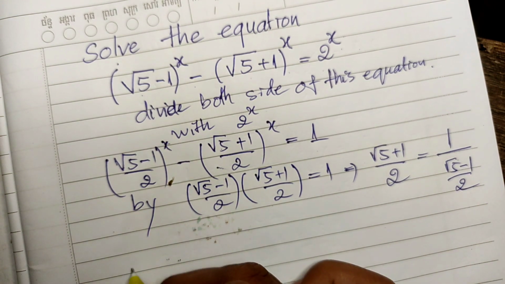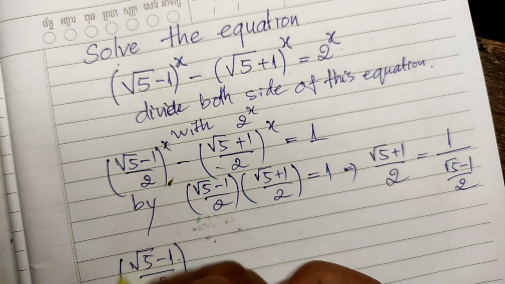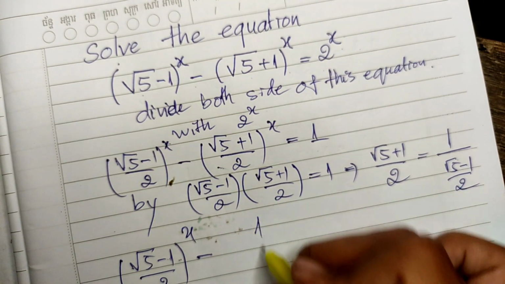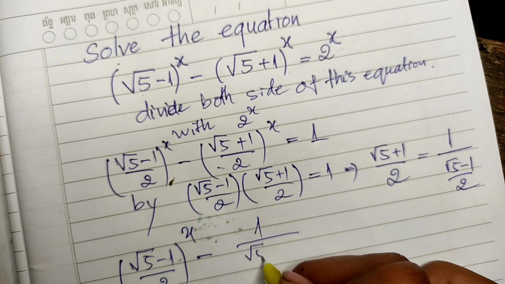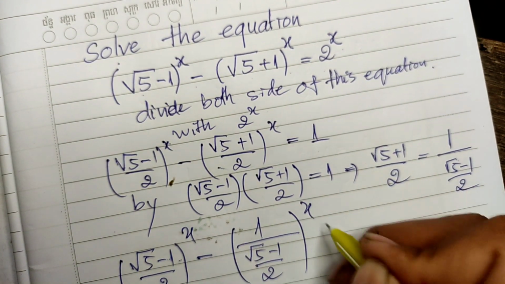So we get ((√5 − 1)/2)^8 minus (1 divided by (√5 − 1)/2)^8 equal to 1.